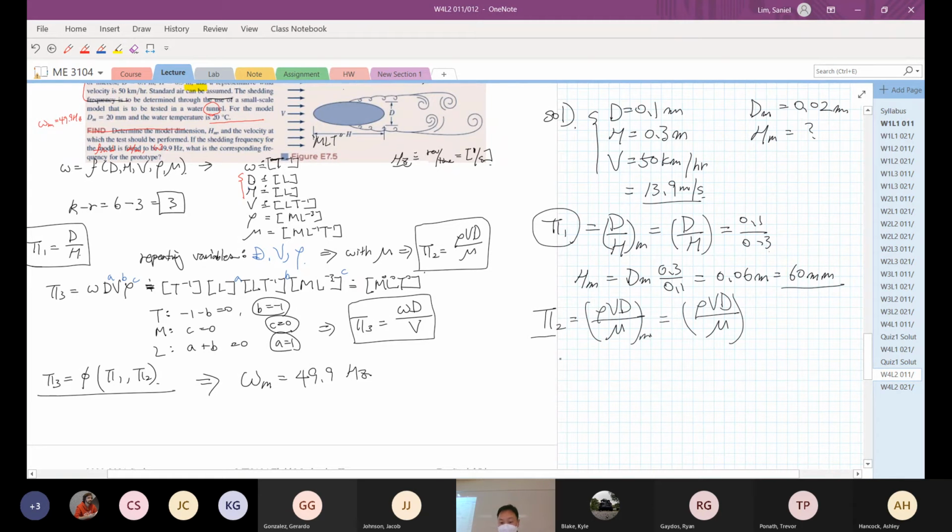So first, the model is for water at a temperature of 20 degrees Celsius. If you look up the table, table 1.6 and 7, I guess, you'll find the viscosity 0.001 kilogram per meter second. Density is pretty close to 1,000. The exact number is 998 kilogram per meter cubed.